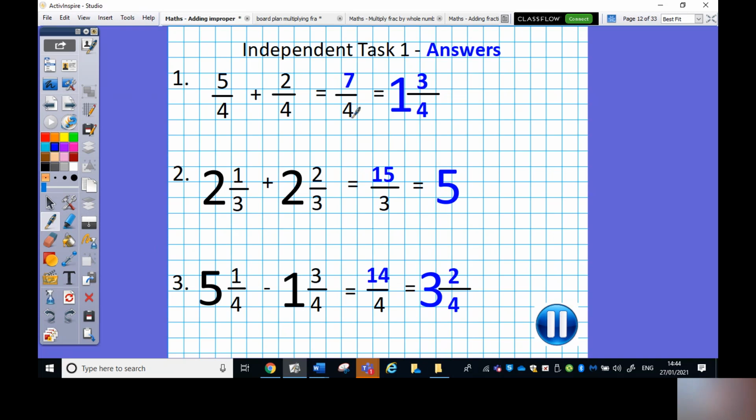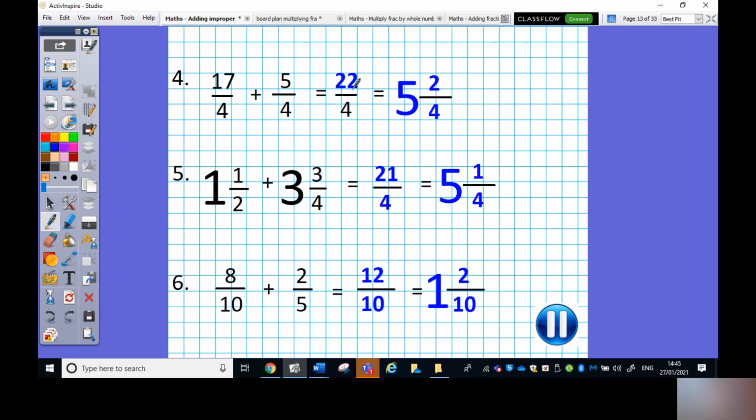Number 1, 7/4 or 1 3/4. Number 2, 15/3 or 5. Number 3, 14/4 or 3 2/4 or 3 1/2 if you were to simplify that as well.